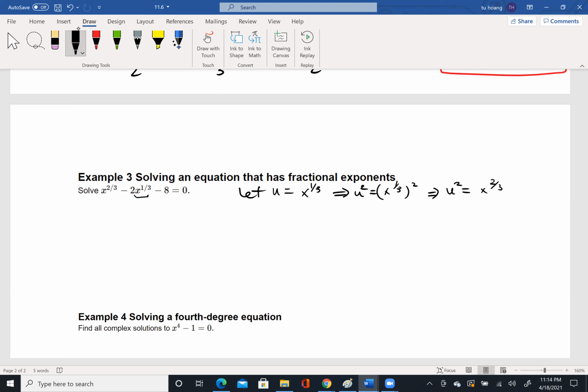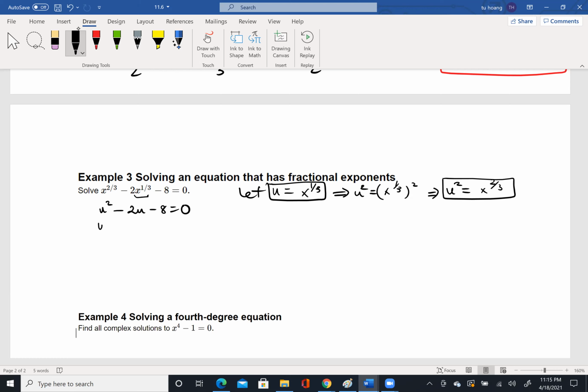So you can see that I can now substitute x to the 1/3 and x to the 2/3 as u squared minus 2u minus 8 equals 0. For this problem, I think I can easily factor it with negative 4 and 2.